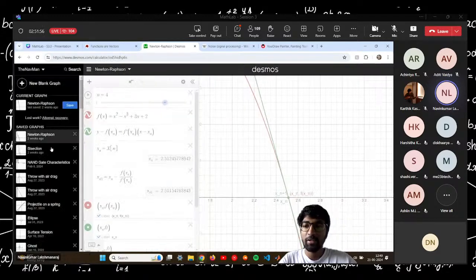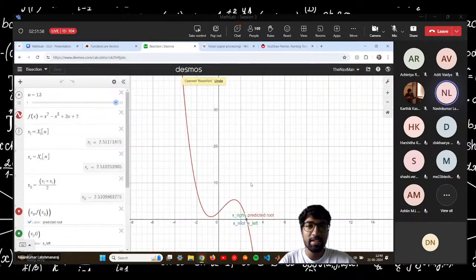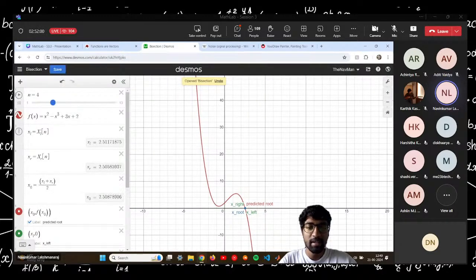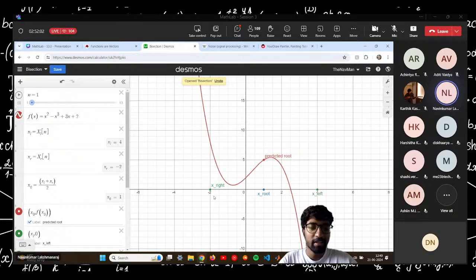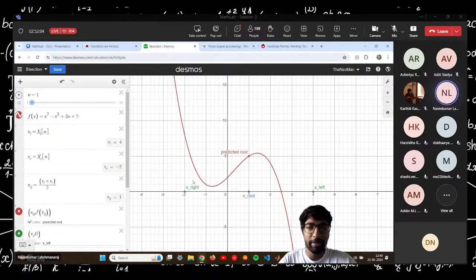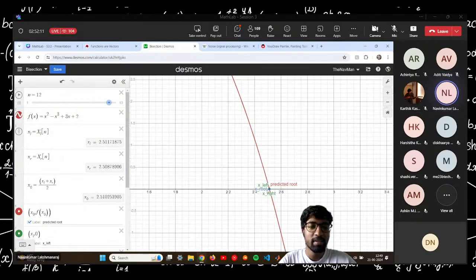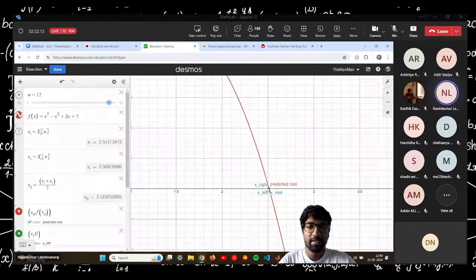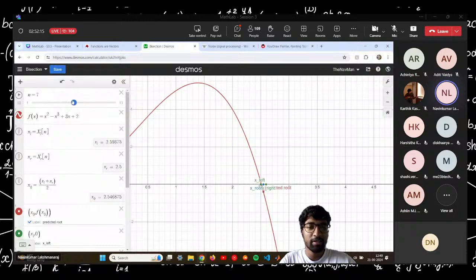At the same time, the bisection method, that is the bracketing method, works like this. You start off with a guess interval where the root could be, and then you try to narrow down where it might be. Within, say, 10 iterations, the root actually converges. And how do you narrow down the root?